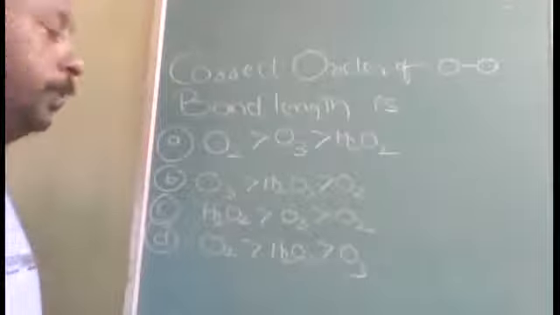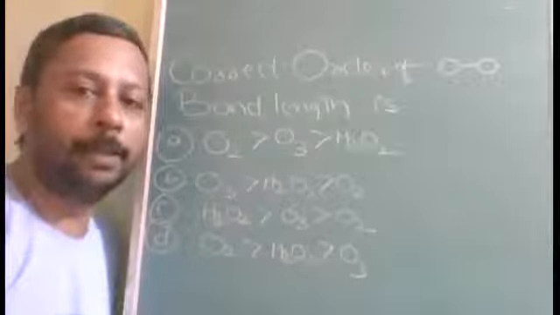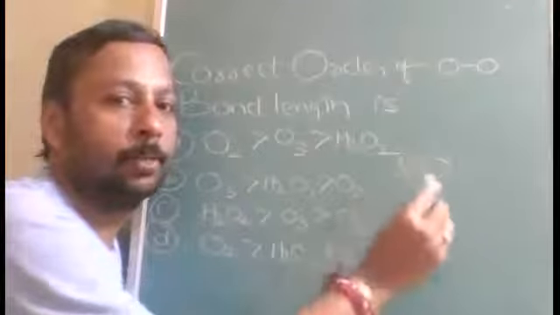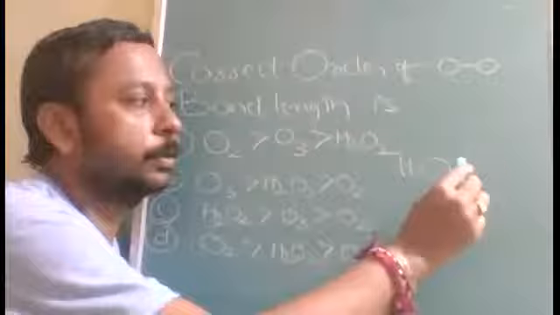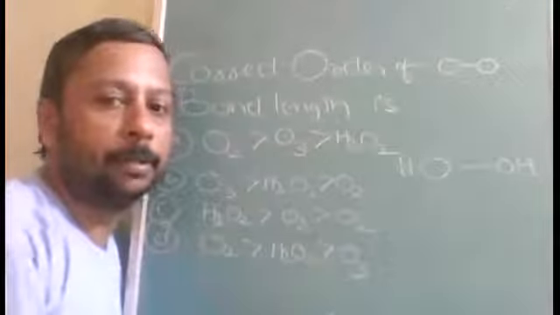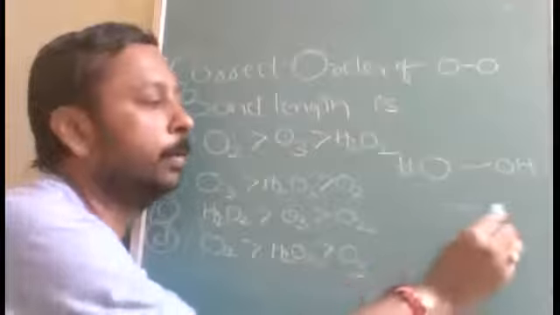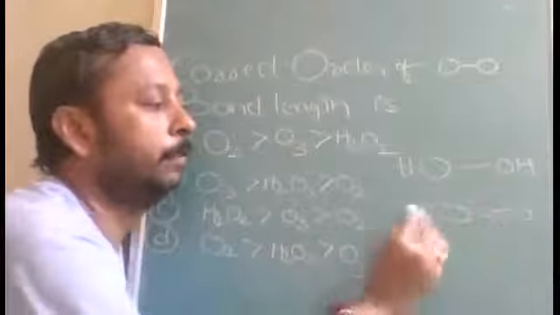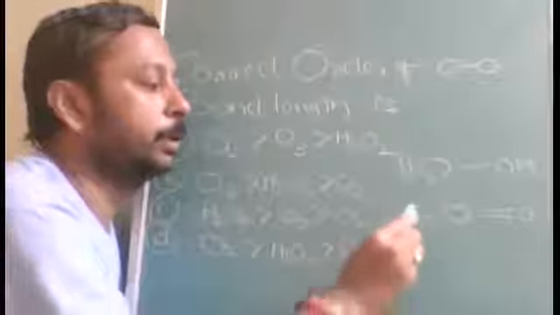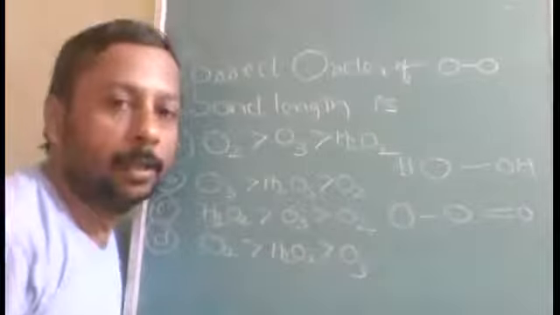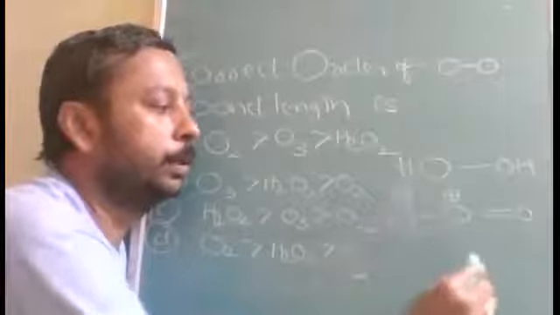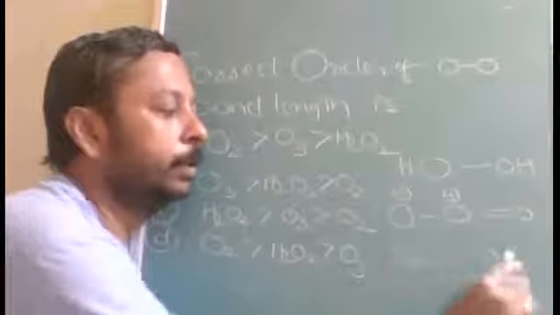See here, this is also based upon the multiplicity. Here in H2O2, it is hydrogen peroxide. So a single bond is there. In ozone, the problem is that sometimes the bond will be like this. You will completely understand this when you go for resonance. So in one place it will be like this, in another place it will be like this.